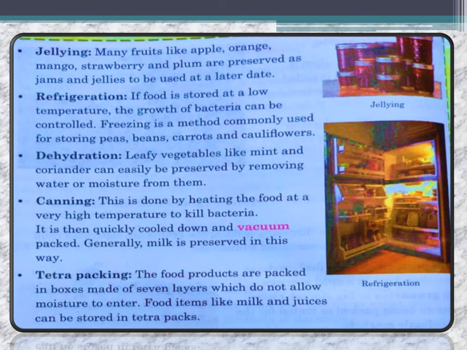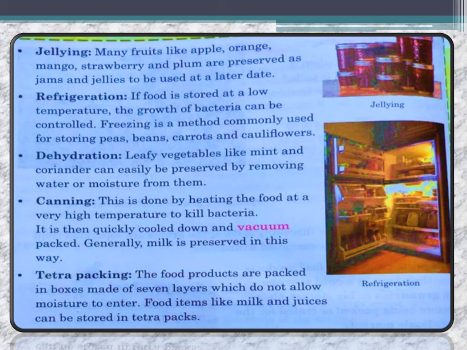Next we have dehydration. So leafy vegetables like mint and coriander can be easily preserved by removing water or moisture from them. Then you have canning. Now in canning what happens? The food is cooked at a very high temperature so that bacteria can be killed.